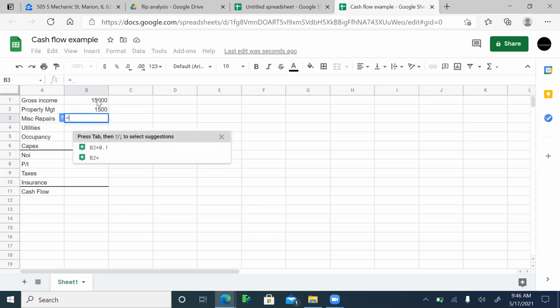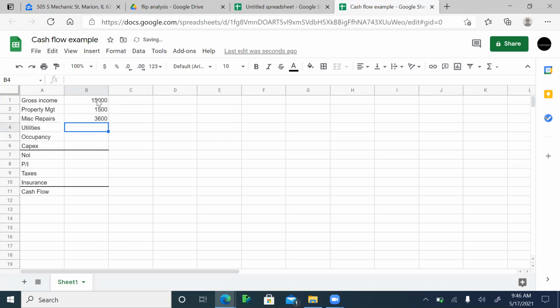I figured it would cost me, based off of what I've seen in other parts of the country with homes that are less than 10 years old, about $150 a month. So, well, no. You always have a water heater or something that breaks from one of your units, and it usually works out to about $300 a month, and then you multiply that by 12, so that gives you about $3,600 a year in expenses.